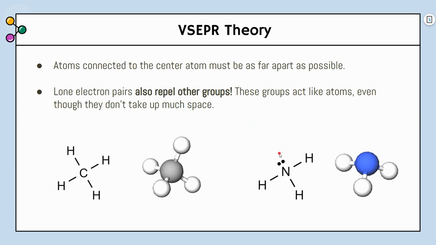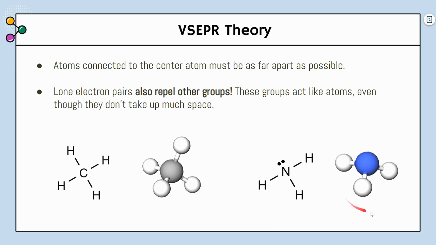They don't take up space in a physical sense, but they do push the other atoms away. So if I step back really quick, notice that each of these molecules has 4 total groups attached. This carbon has 4 hydrogens, and this nitrogen has 3 hydrogens and 1 lone electron pair. So they both have the same 3-dimensional shape. We can see the CH4 shape on the right and the left.